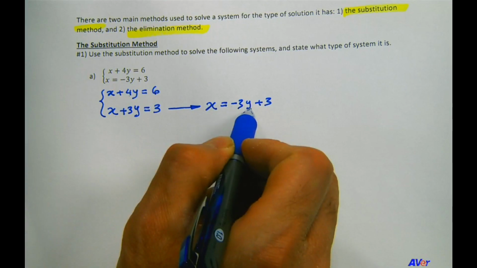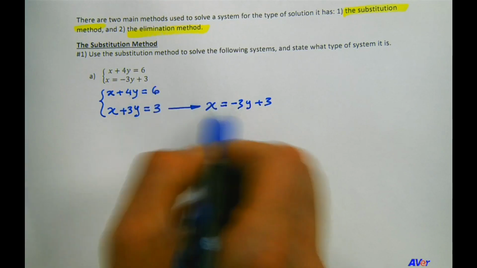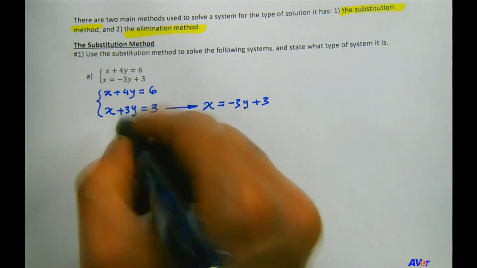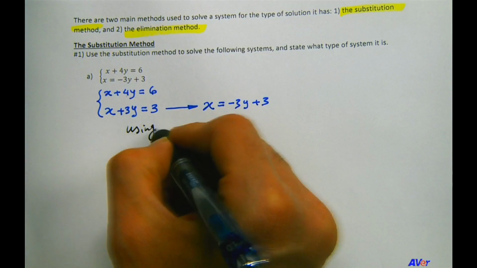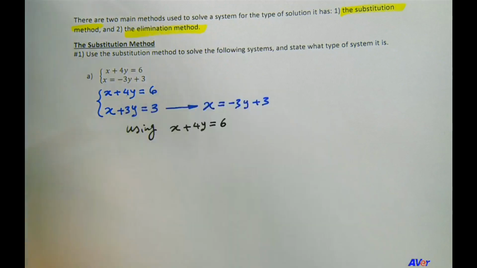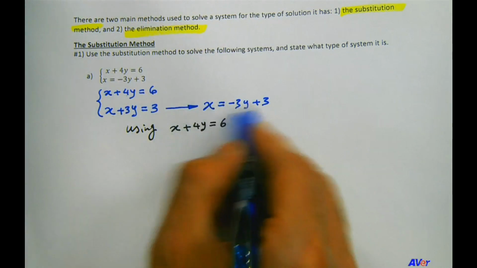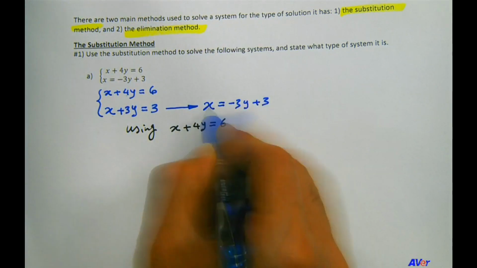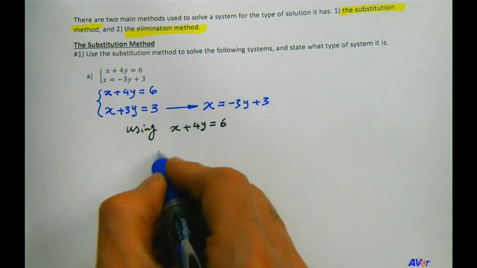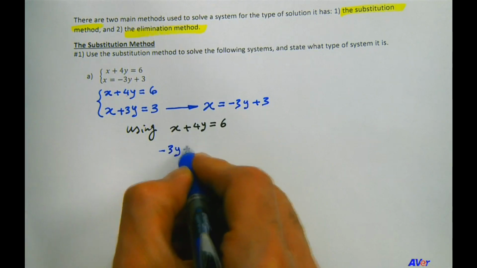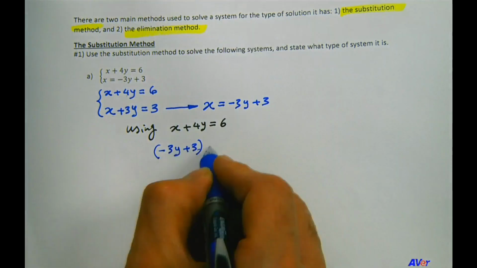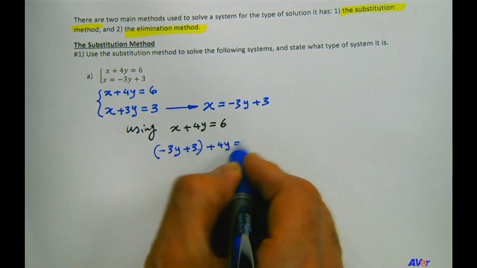Now I'm going to substitute this whole thing for x in the top equation. So using x plus 4y equals 6, now put all of this in because x is equal to that. So replace x here with all of that. So minus 3y plus 3, x became all of that, plus 4y equals 6.